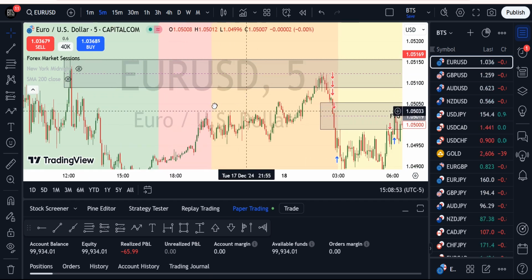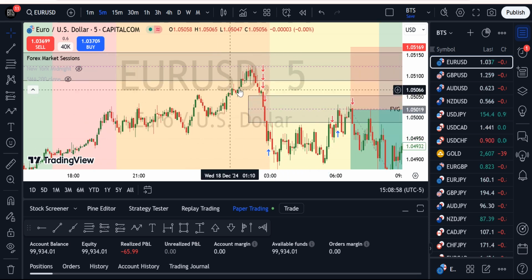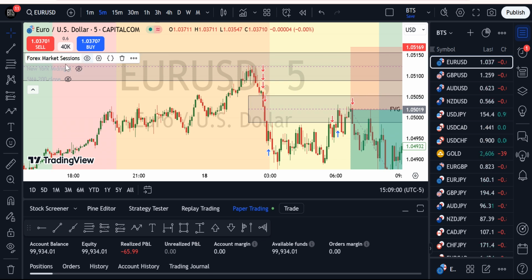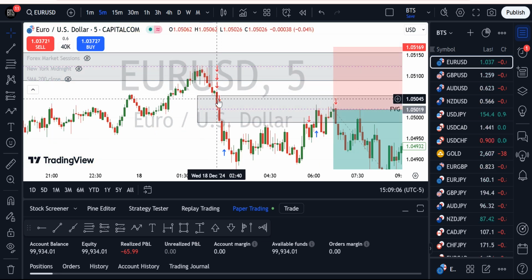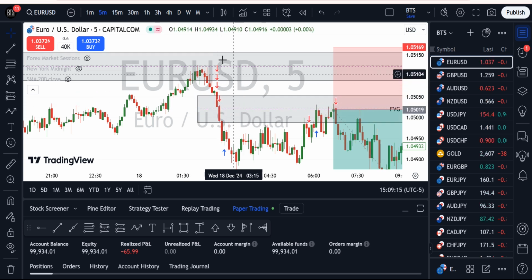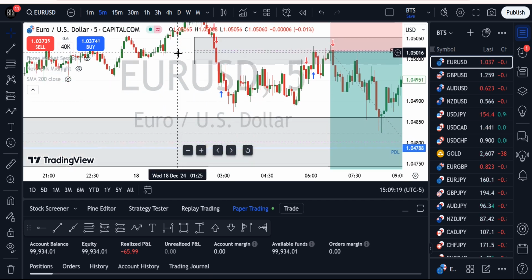And also one of the things you should take note of is what current session are we entering into. So that's why we have the forex market session. It actually indicates forex sessions for you. So as you can see, we entered from this candle's close, right? I entered off of that level, then had our stop loss above here, which was 10 pips, right?